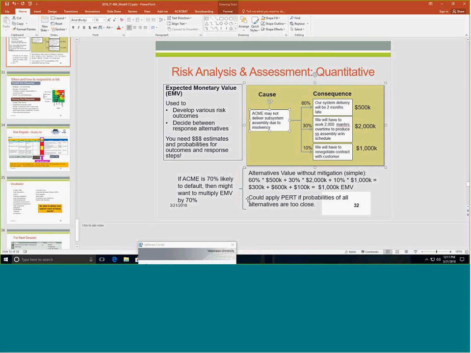You can also use the PERT technique of most likely plus least likely plus 4 times most probable divided by 6 in order to calculate the alternative values. There are different ways in which you could do that mathematically. The most important thing is that you always show your math and that you can justify why you're using a certain kind of math, right?